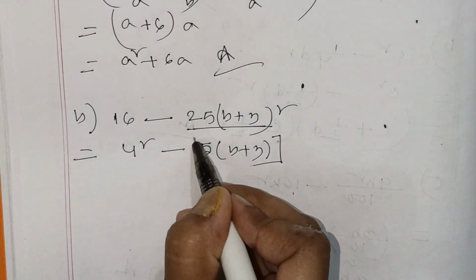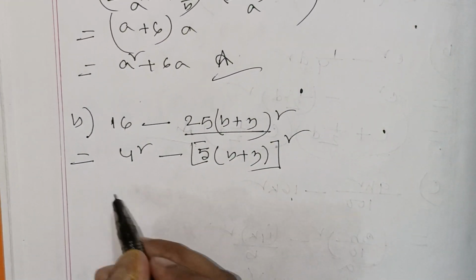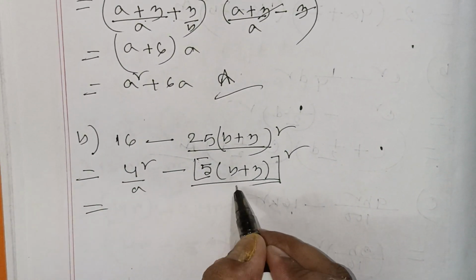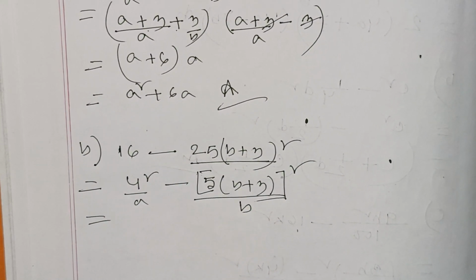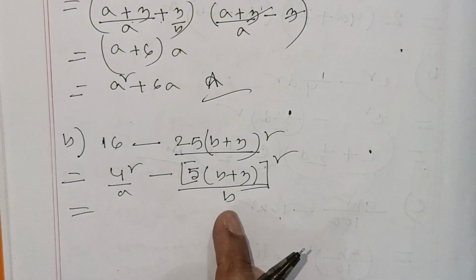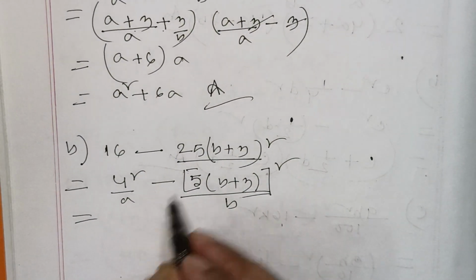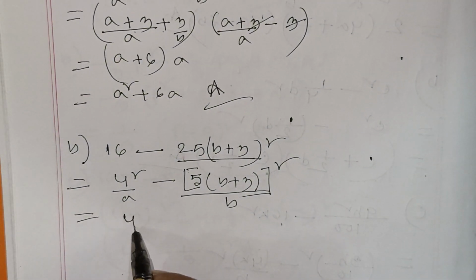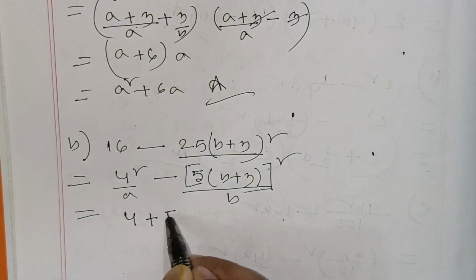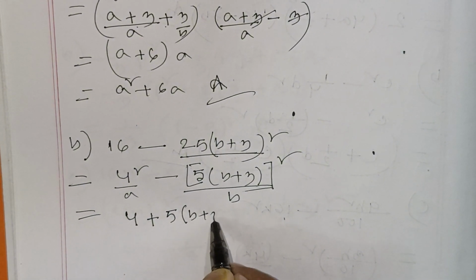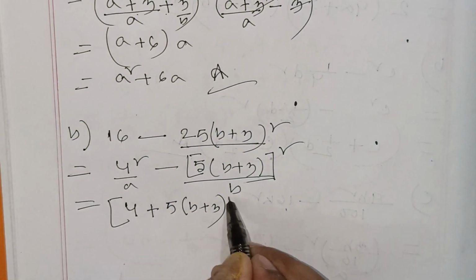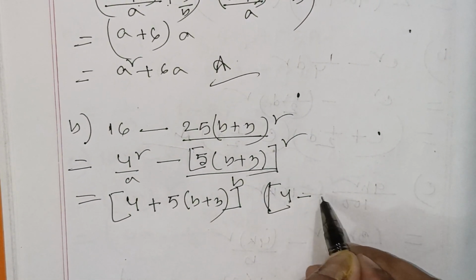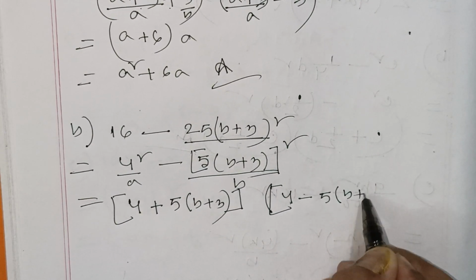So we use the second bracket whole square. So 4 means a, and here the full form I take as b. So a square minus b square, and the formula is (a plus b) into (a minus b). I use the formula a plus b, and the full form in the second bracket, so a minus b.